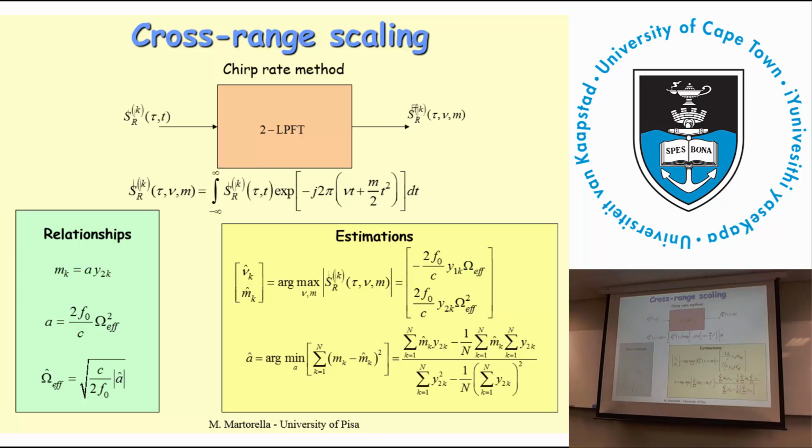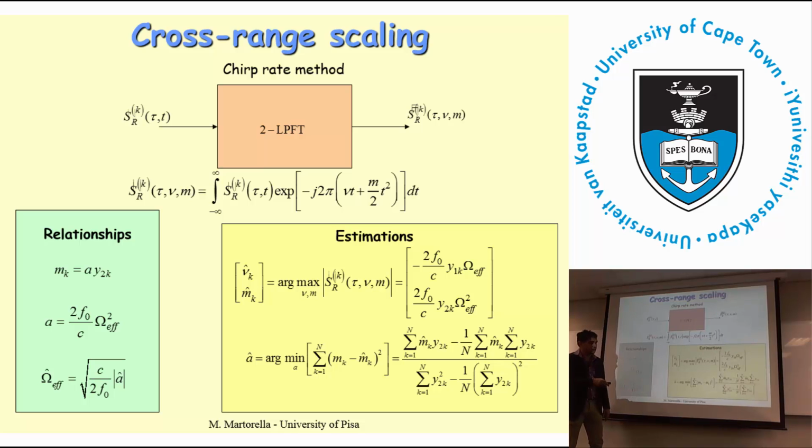But it will have one maximum for a particular value of nu and a particular value of m. And this means that if I look at the maximum of this function over nu and over m, maximize this over nu and over m, I basically obtain these two values, which are the maximum values, which will be equivalent to these guys here.